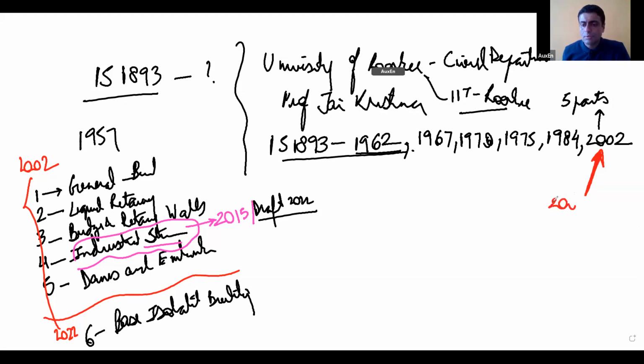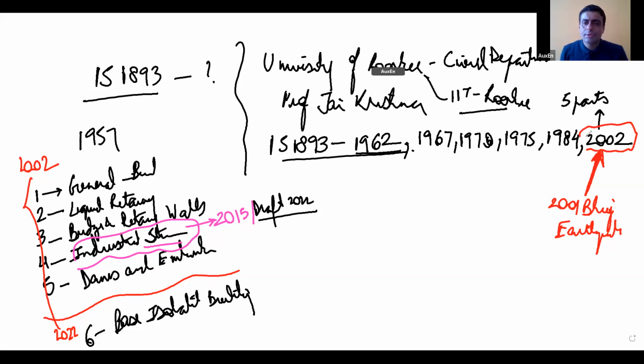Yeah, so the 2001 Bhuj earthquake was a major reason. Correct. The 2001 Bhuj earthquake, which struck on 26th of January 2001, was a major reason which led to having significant changes in this 2002 code.